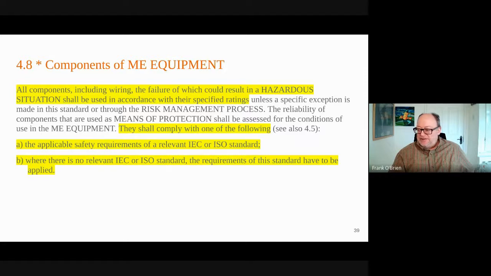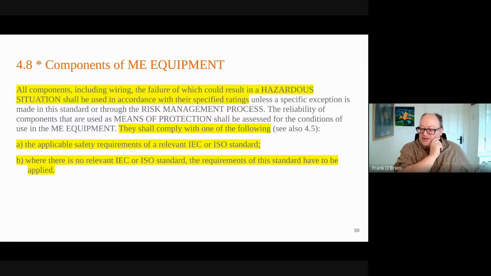It shall comply with one of the following: A, the applicable safety requirements of the IEC or ISO component standard, or B, where there is no relevant IEC or ISO standard, the requirements in this standard. You only have to meet one. So there's kind of an exclusive or, but it could be both.